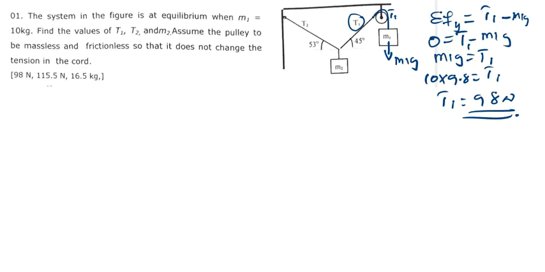Okay, so one thing we should take note of is T1, if we check at T1, it is like this. So we have 45 degrees here, so that is T1. I can resolve this into components, so it will be T1x and T1y.